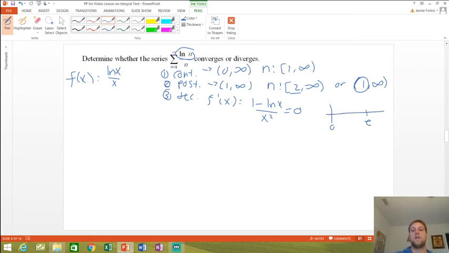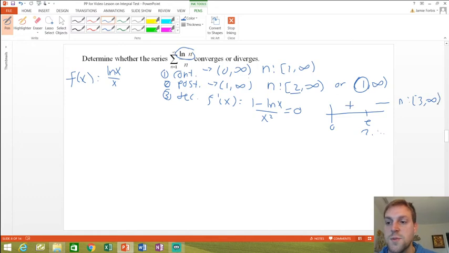Because if I plug e on top, I get ln of e, which is 1, and that makes it 0. And if I test some points into that, I'm going to get positive and negative. So e is like 2 point something. Past the point 2, starting at n equals 3, it's going to be ultimately decreasing.